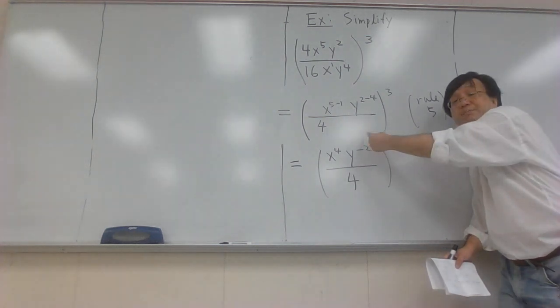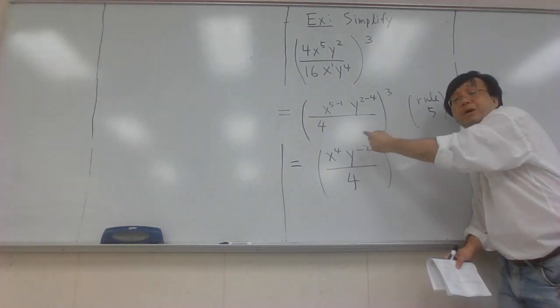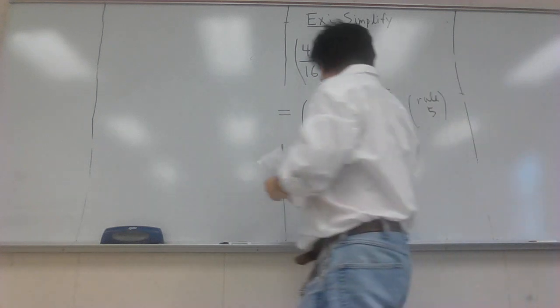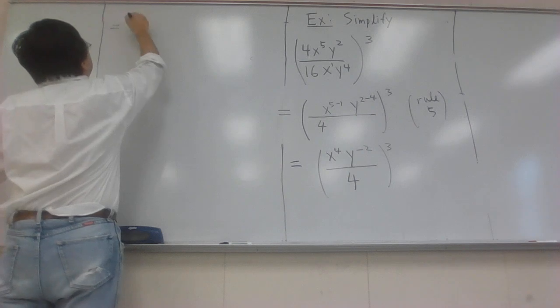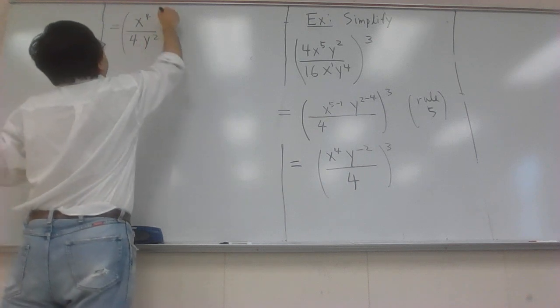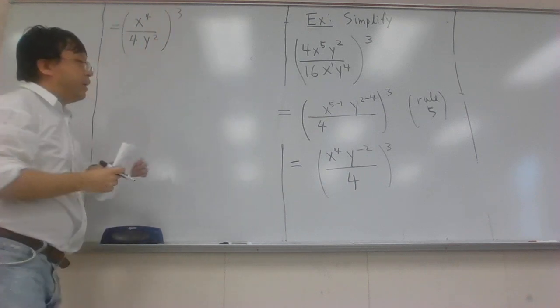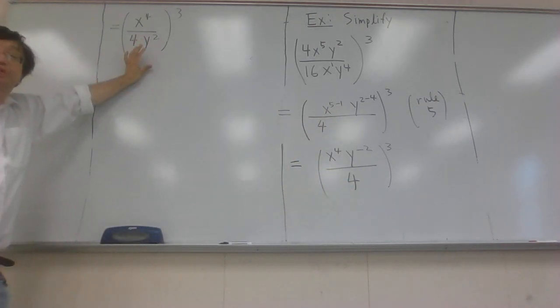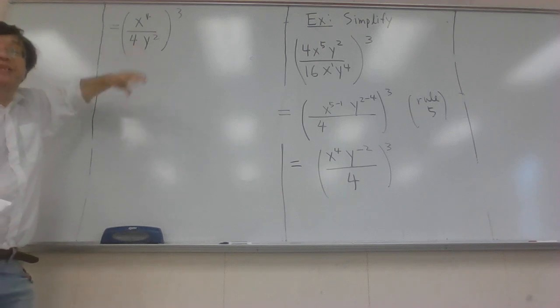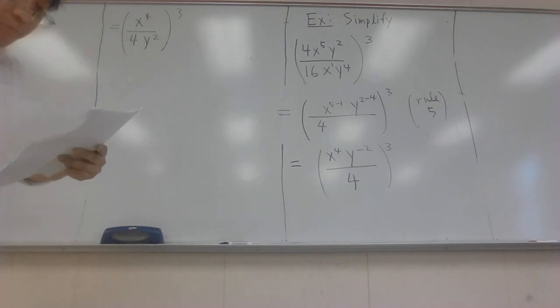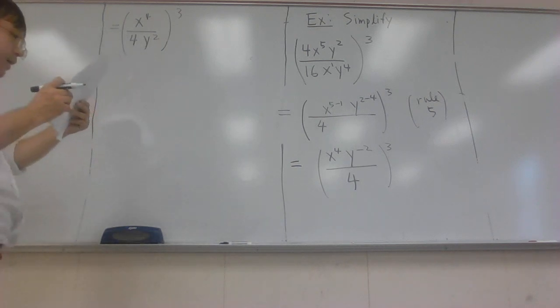So this becomes x to the power of 4 divided by 4 times y squared, and we're taking the whole thing to the power of 3. That rule is rule 4.